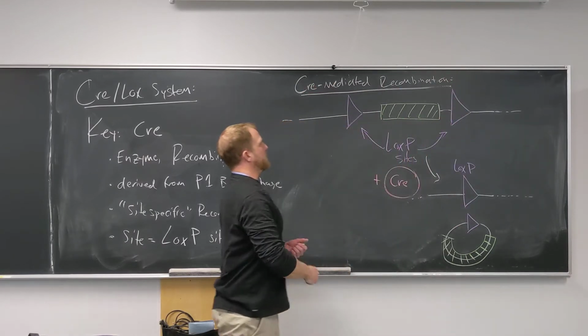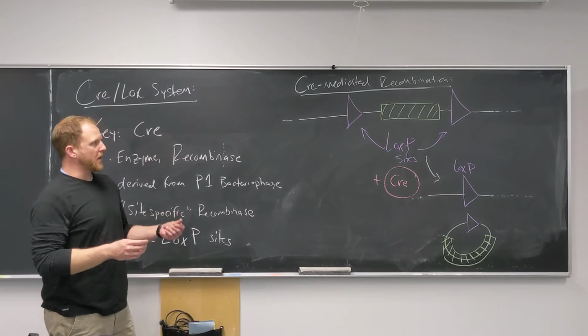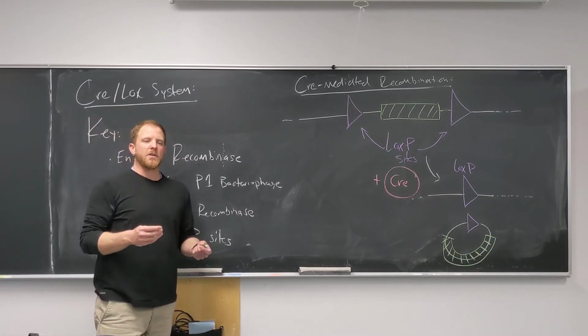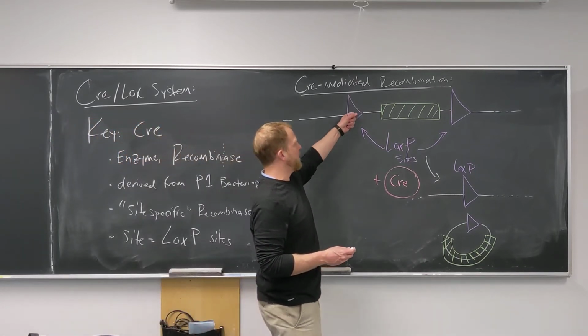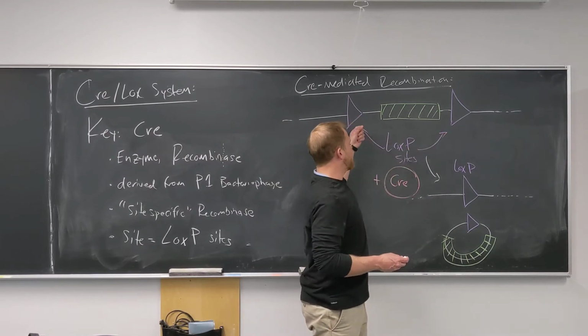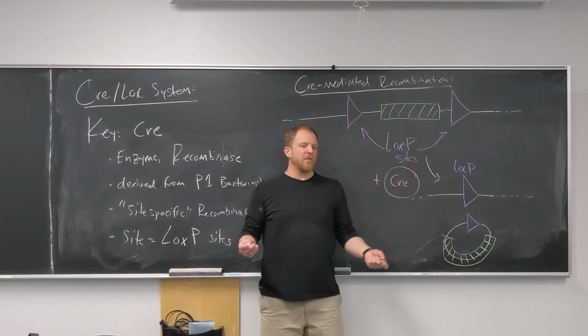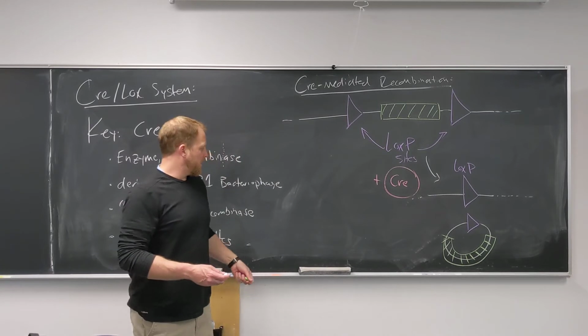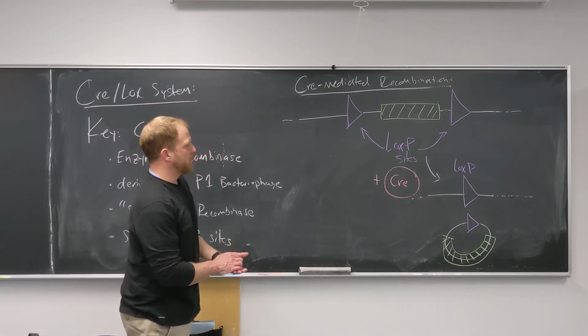You can start to imagine that if you get clever in the way you make your transgenic mouse strains, if you can engineer mice with these loxP sites in them, that gives you some real flexibility in studying gene expression, right?